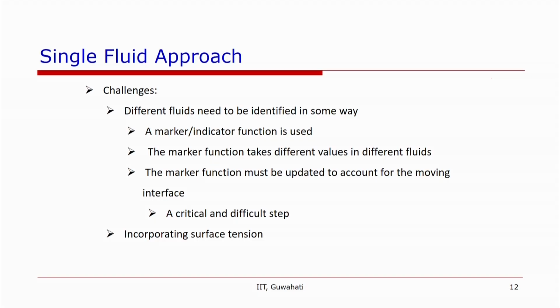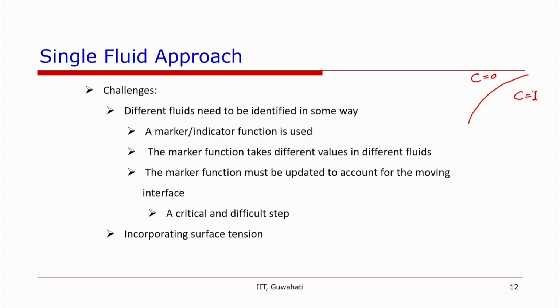The first thing is that, as we were talking about, when we have a two-phase system, we will have a Markon function, where C is equal to 0 in one phase and C is equal to 1 in another phase.